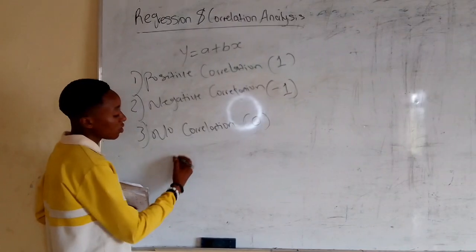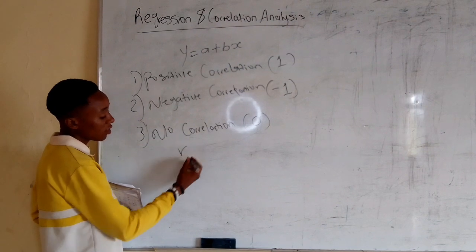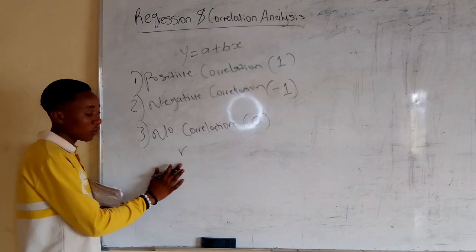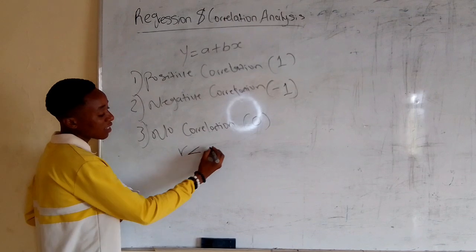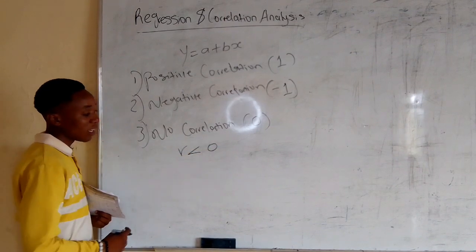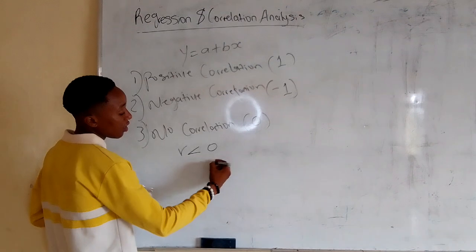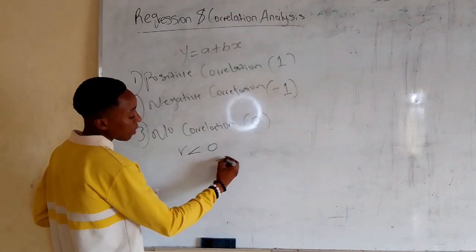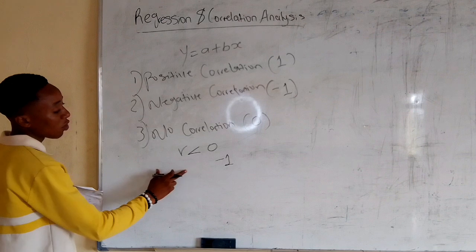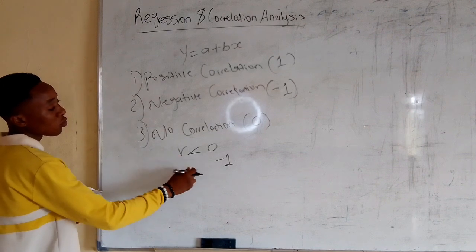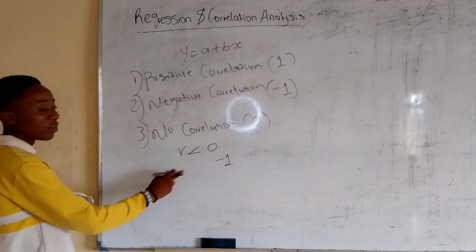A correlation is denoted by R. R is how we denote a correlation. So if R is less than 0, then it is a negative correlation.